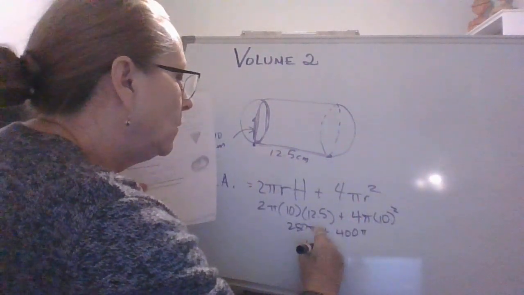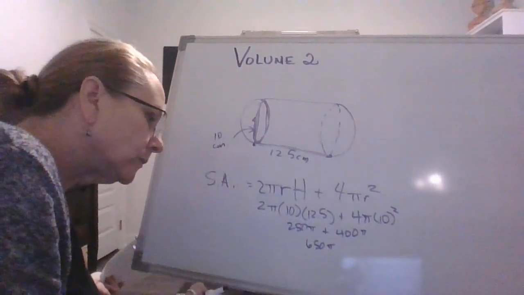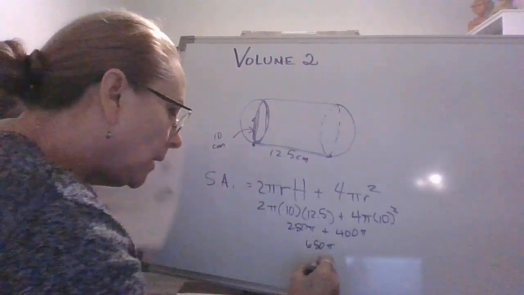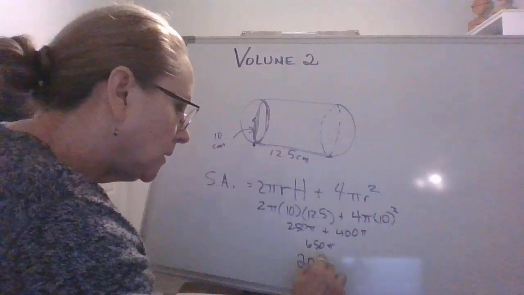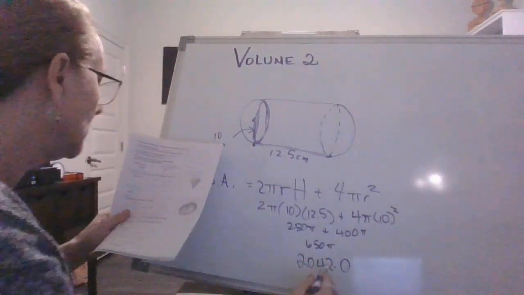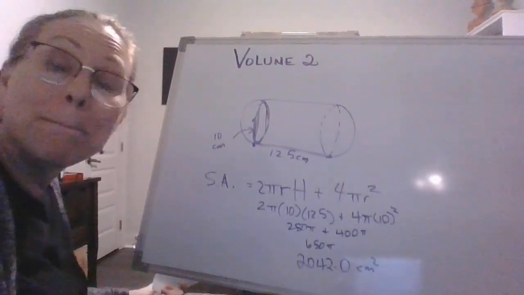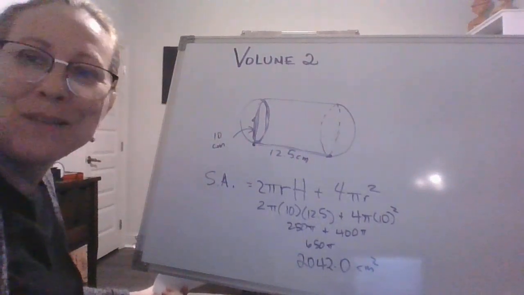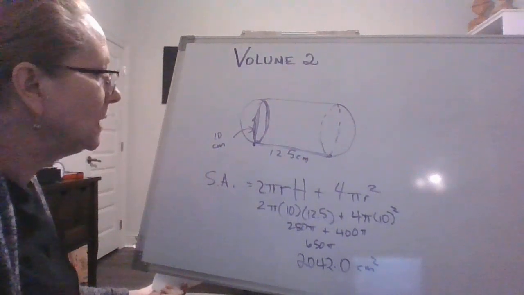So I have 650 pi for the calculator. Love that pi key, makes it easy. 650 pi gives us 2042.0. Now it says round to the nearest tenths. If you do not include the 0.0, MyMathLab will mark it wrong. So include the tenths place, even if it's 0. Don't discriminate against 0. Okay, so that's our surface area.